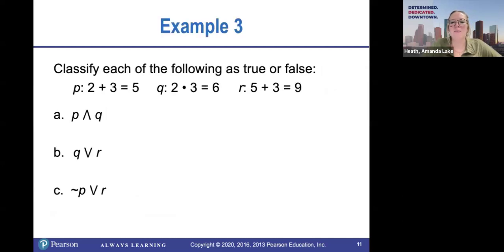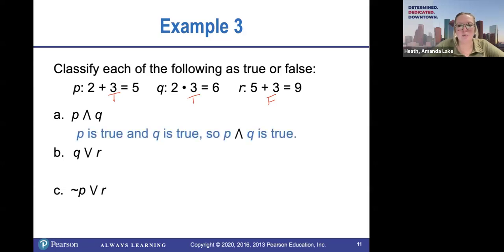Okay, so if we want to classify these statements as true or false, we know 2 plus 3 equals 5 is true. 2 times 3 equals 6 is also true. 5 plus 3 is 9 is false, because 5 plus 3 is not equal to 9. It is equal to 8. So if we think about the statement P and Q, P is true and Q is true, so P and Q will be true.